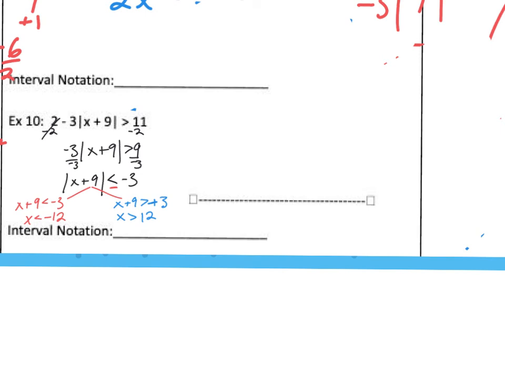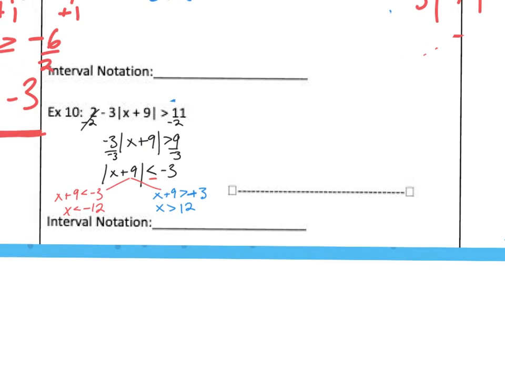Let's go in intervals of 12, so we can just do negative 12, 0, and 12. Open dots, right? Let's shade. So for negative 12, we know it's going to go to the left. X is greater than 12, so it's going right. We knew from where we broke it down that this was a less than, and this would be an or problem if these arrows are going different ways, okay?